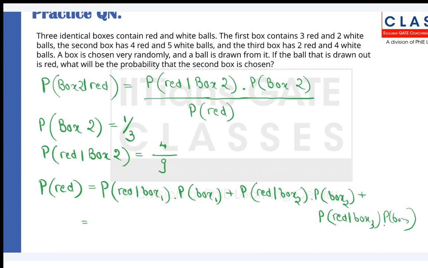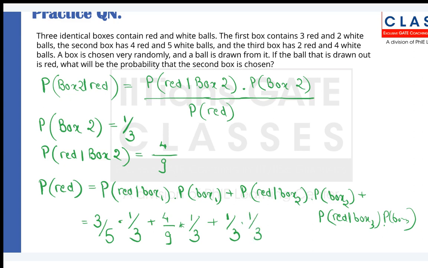Given that you are in box 1, which has 5 balls, any of the 3 could be a possible answer, multiplied by 1 by 3, plus what we have already calculated, 4 by 9 multiplied by 1 by 3, plus the probability that given it is box 3, the ball is red, which is 2 by 6 or 1 by 3, multiplied by 1 by 3.